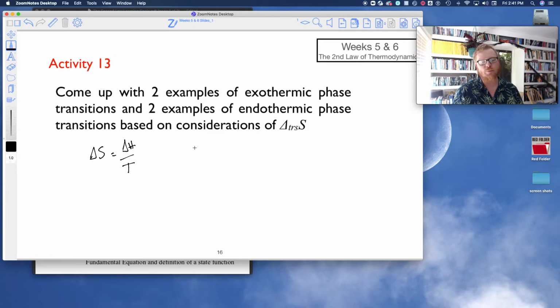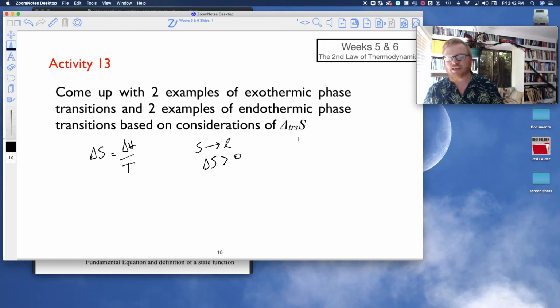Suppose we go from a solid to a liquid. Will that be exothermic or endothermic? Well, what do we expect for delta S out of this process? We expect delta S going from a solid to a liquid should be greater than 0. A liquid is, if you will, more chaotic than a solid, so we know there is an increase in entropy in going from a solid to a liquid.